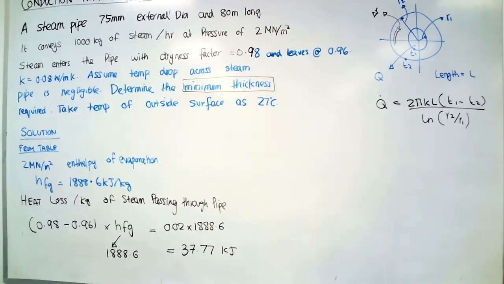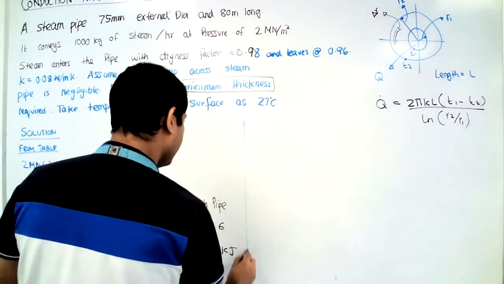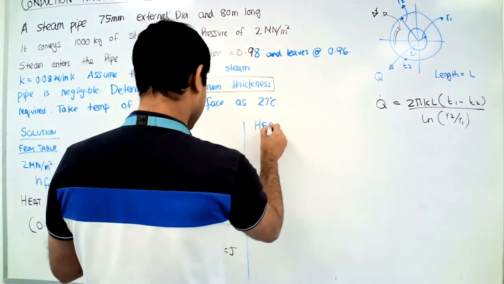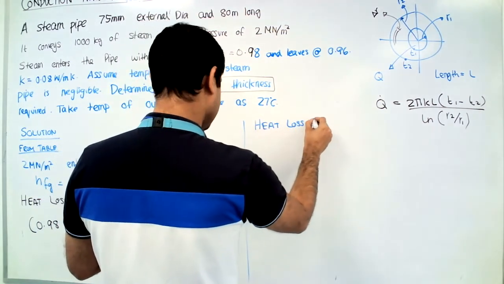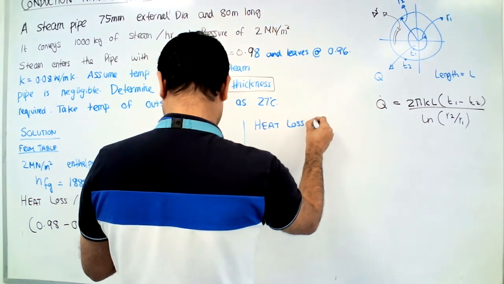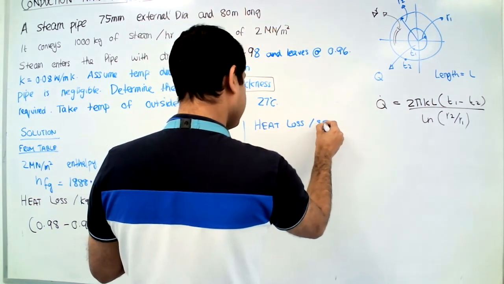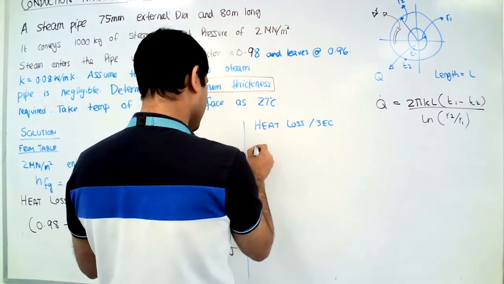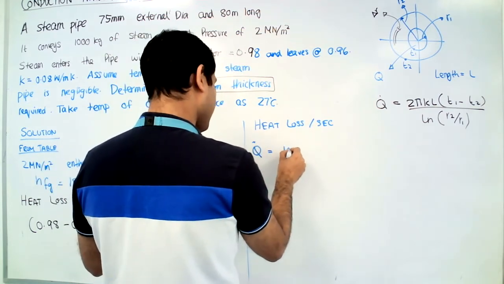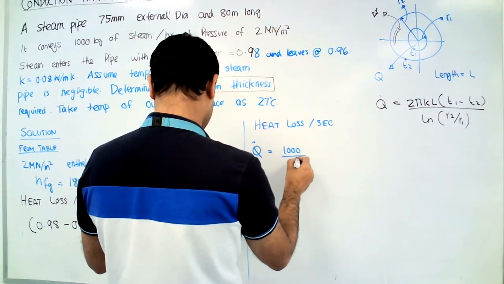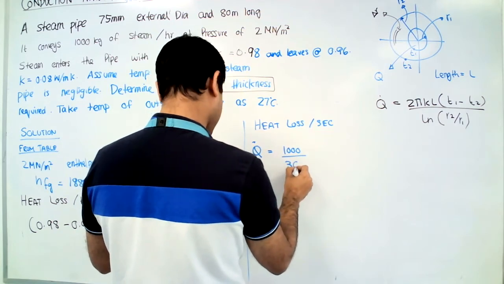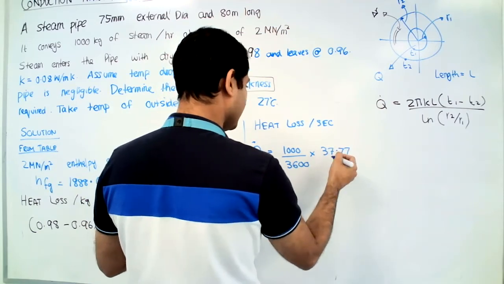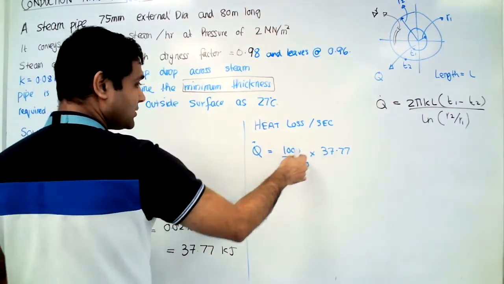Before we do that, let's have a look at the formula. We got the Q dot, heat loss per second. Heat loss per second is going to be Q dot, 1,000 divided by this thing, times 37.77. 37.77 kilojoules on the top.